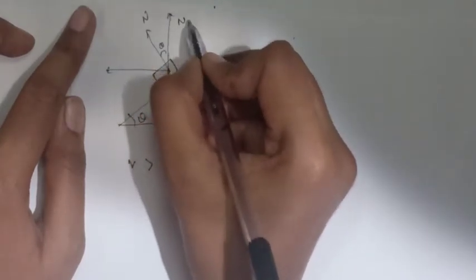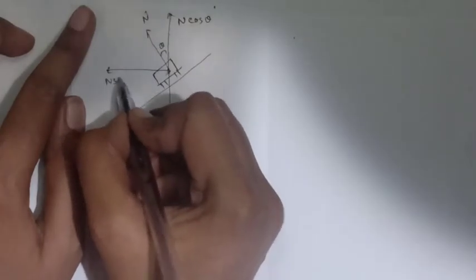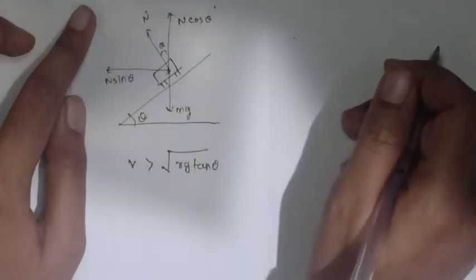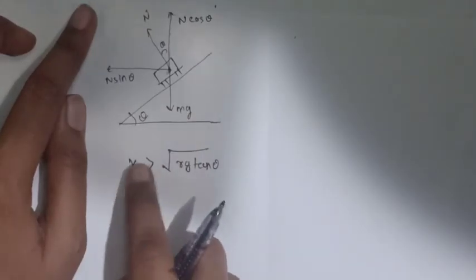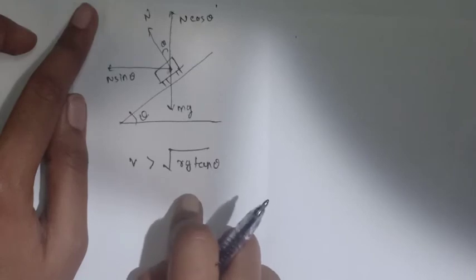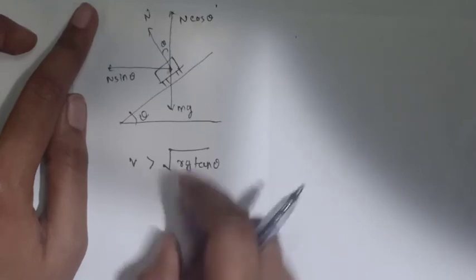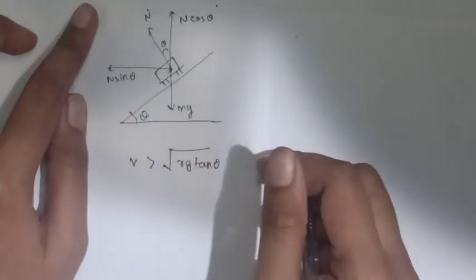This will be n cos theta and this will be n sin theta. As you are considering v greater than under root rg tan theta, now we have balanced the vertical force. Now we are going to consider horizontal forces.